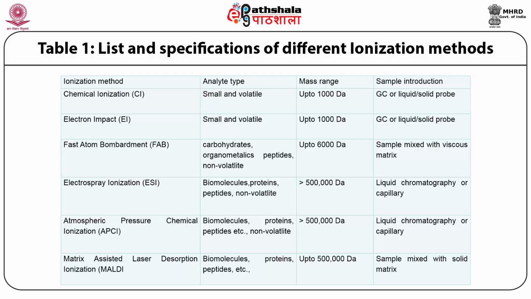The most common ionization methods for biological systems are ESI and MALDI, as well as atmospheric pressure chemical ionization. Both positively and negatively charged sample ions are generated according to the proton affinity of the sample. The ionization method to be used depends on the nature of the sample and type of mass spectrometer.